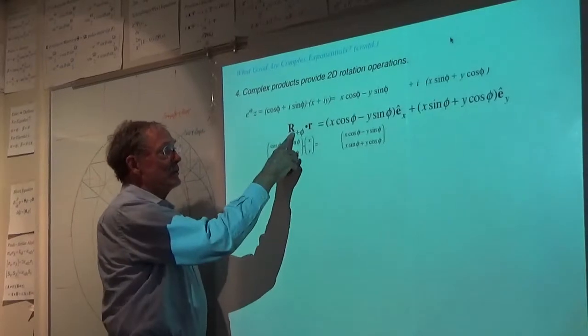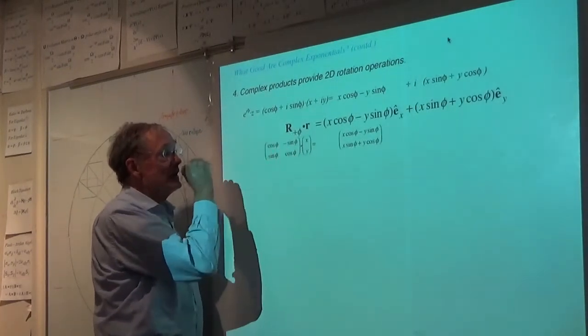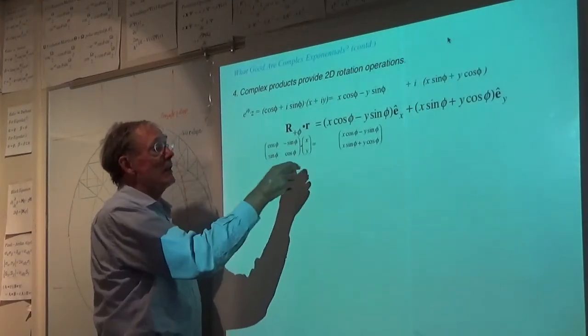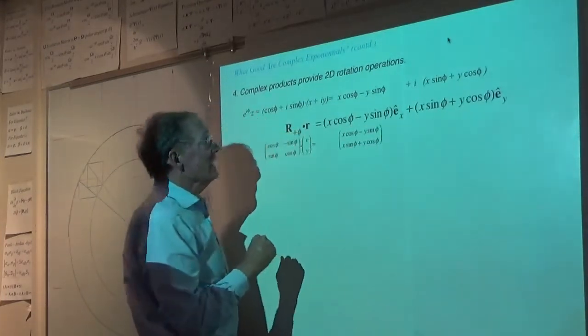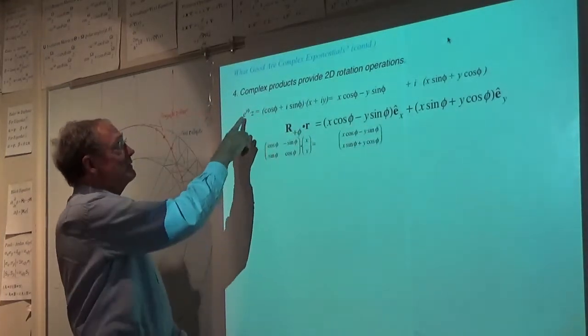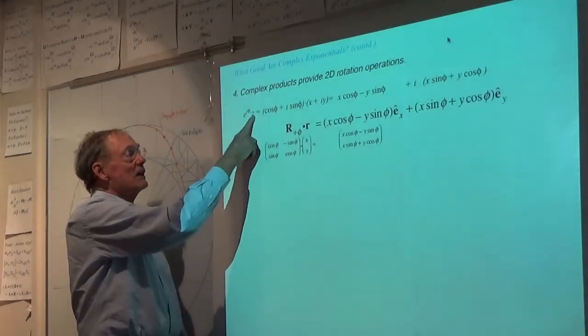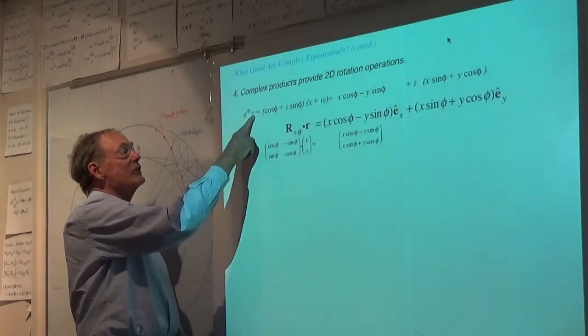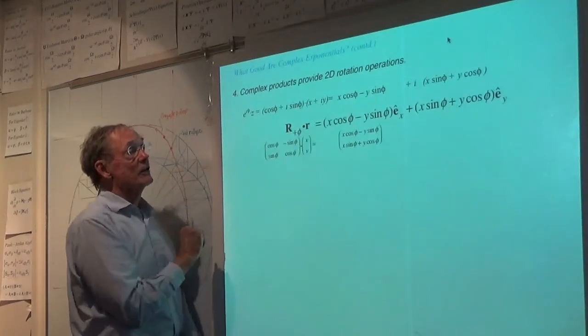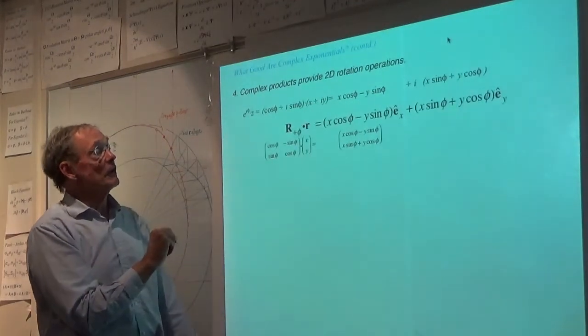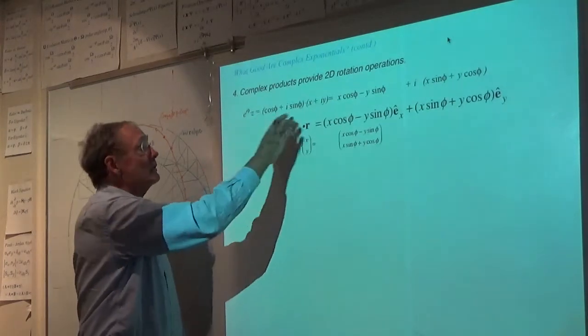We've talked about matrices that do rotations, that is written out in vector form, a thing like that. We can get that immediately from e to the i phi acting on a thing called z, which we'll call x plus iy, very common in study of complex variables to write z equal x plus iy.